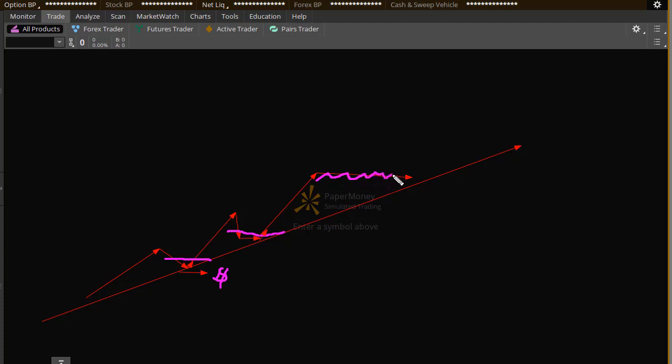We rest right in here. That pop out of the box pattern says that there's no buyers above, there's no sellers below. And because we are in a current trend, we're favoring the move to the upside. So we're watching this trade, waiting for that next signal that the stock is ready to resume its trend.